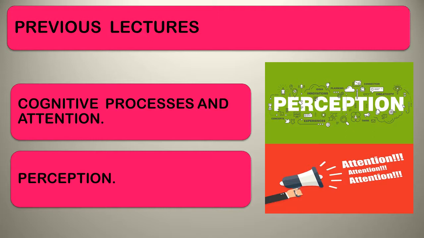We make use of both top-down processes and bottom-up processes. While perceiving, there are various laws that govern perceptual grouping, like proximity, similarity, continuity, closure, etc.